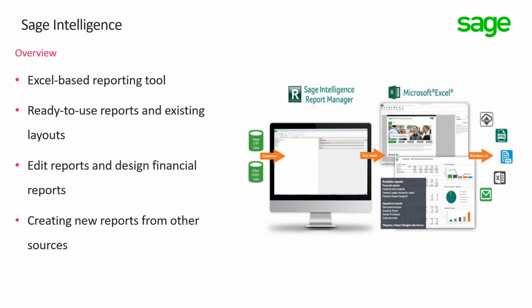it's your choice. Now, we also have the ability to create new reports from other sources. What does that mean? It's a little more advanced, and I am going to talk about this in a little bit more detail in the demonstration. But it means that with Sage Intelligence, you can not only pull data from your 100 system to your GL, right?